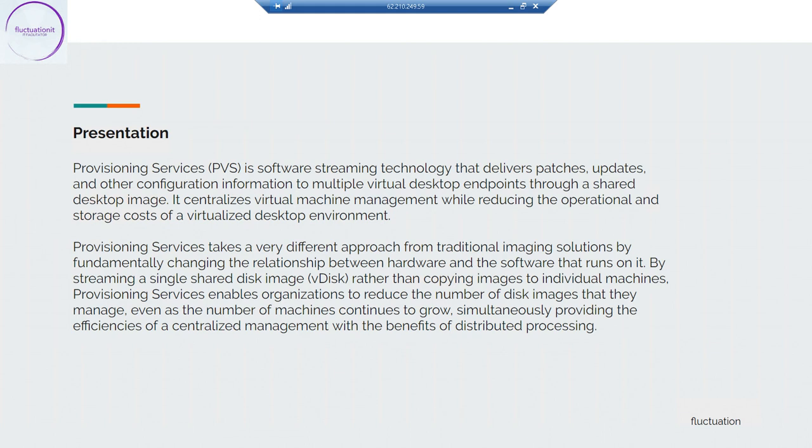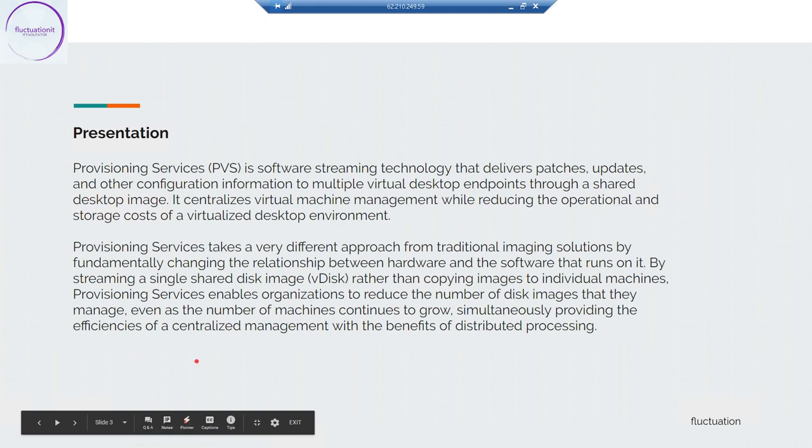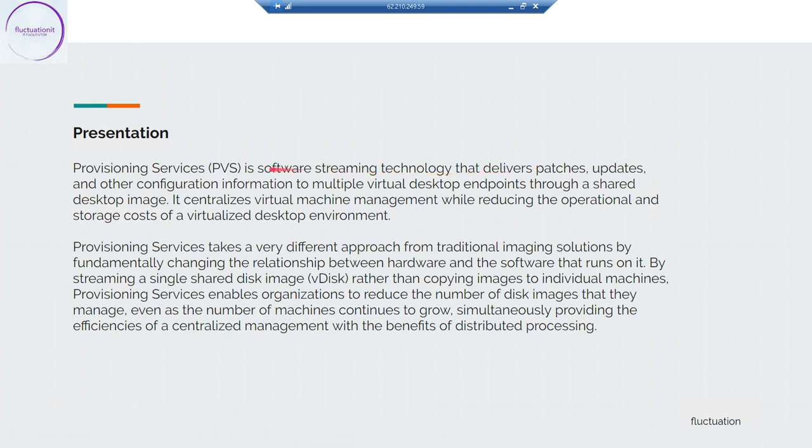So first of all, let's see what PVS is. PVS is a software streaming technology that delivers patches, updates, and other configuration information to multiple virtual desktop endpoints through a shared desktop image.